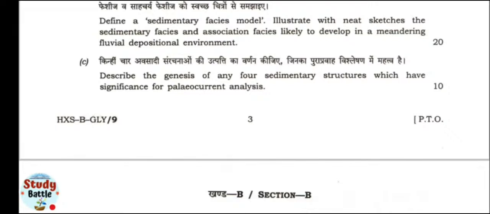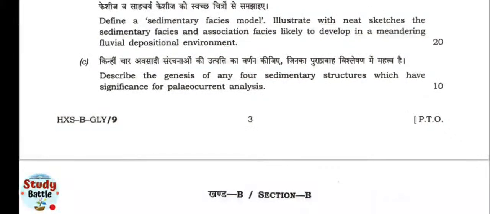You can talk about ripple marks, cross bedding, or flute marks, because these three or four sedimentary structures provide a complete study about the paleocurrent, meaning the direction of movement of water or wind at the formation of that structure, or of that rock. So this is the question here.